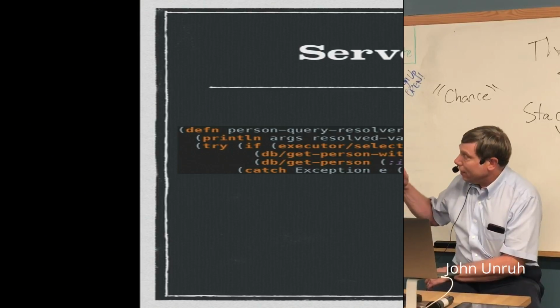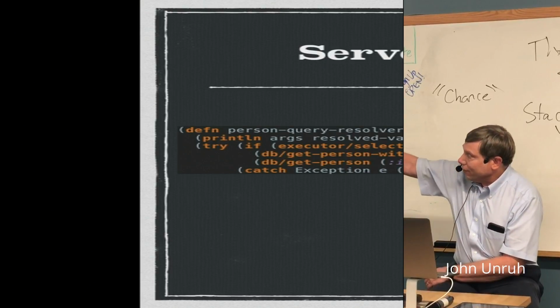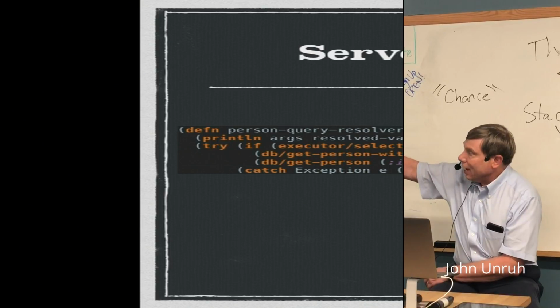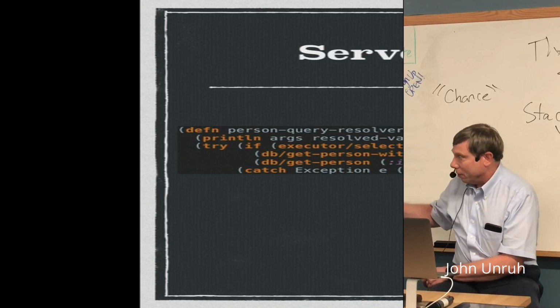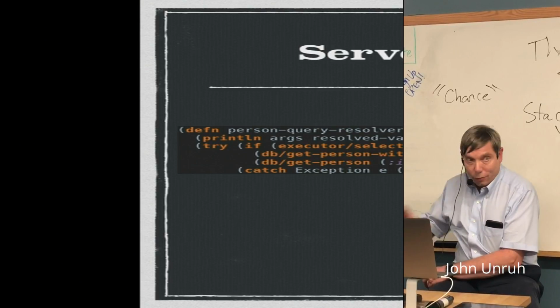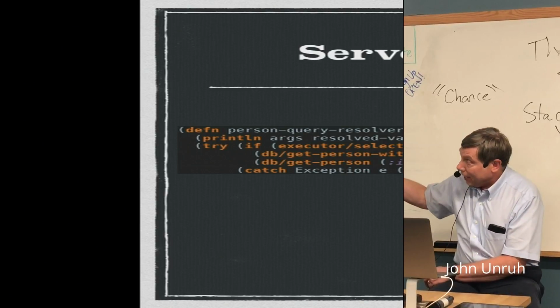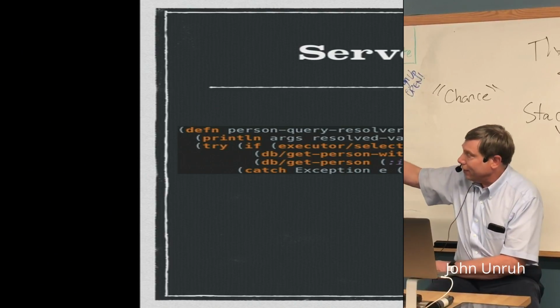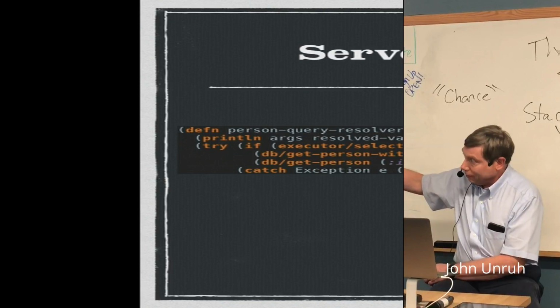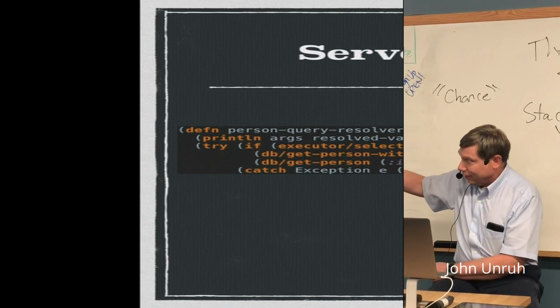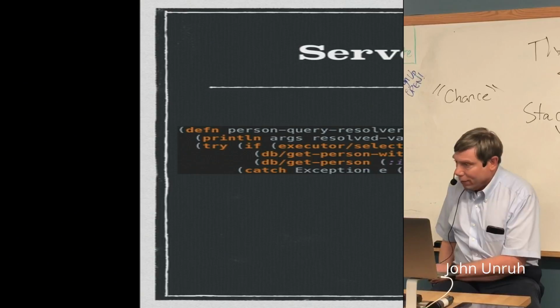If you have resolvers at multiple levels, like maybe you have the people query, and then you have some other things that have sub-resolvers in them, which is what we're talking about over here, you can do that because the resolved value will tell you what the other resolvers have resolved, and you can use that data if you want to. But it's not automatic.